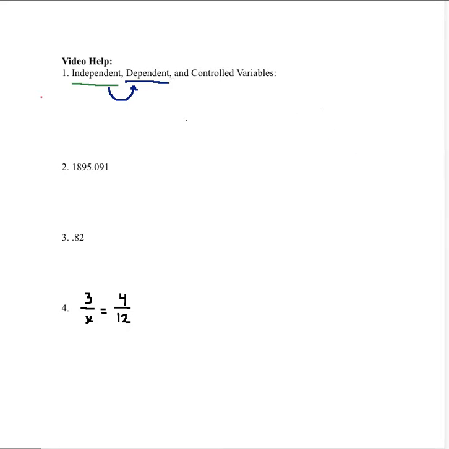Now, controlled variables are all things that could potentially have an impact on your study. For example, I might be concerned about the amount of water that the snakes are given. I might be concerned about the size of their cage, or even the gender of the snakes.